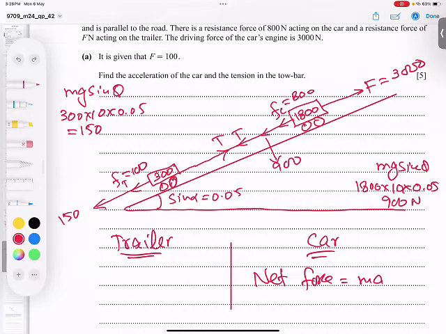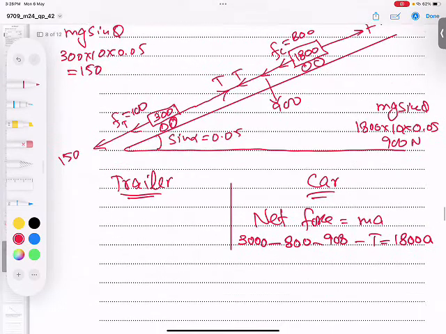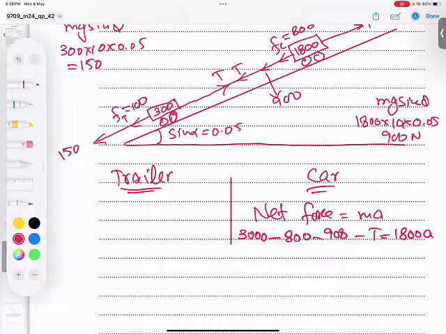So the net applied force is 3000 on the top, minus friction 800, minus weight component 900, minus tension, equals mass times acceleration, so 1800 times acceleration. Putting in numerical values, 3000 minus 800 minus 900 gives 1300. So 1300 minus tension equals 1800a. Equation 1 done.